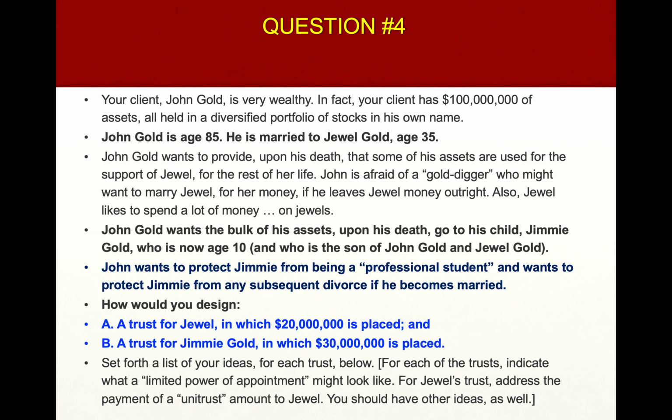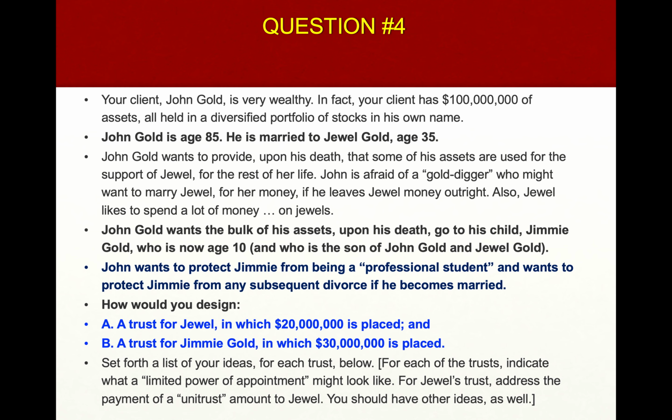He also wants to protect Jimmy, just in case Jimmy got married by somebody and they got divorced within a few years. So, after paying all the estate taxes and the like, we'll assume that a trust for Jewel is $20 million is put in it, and a trust for Jimmy Gold is $30 million, and set forth ideas about this. All right. Now, you might want to explore, what is a unit trust for Jewel?